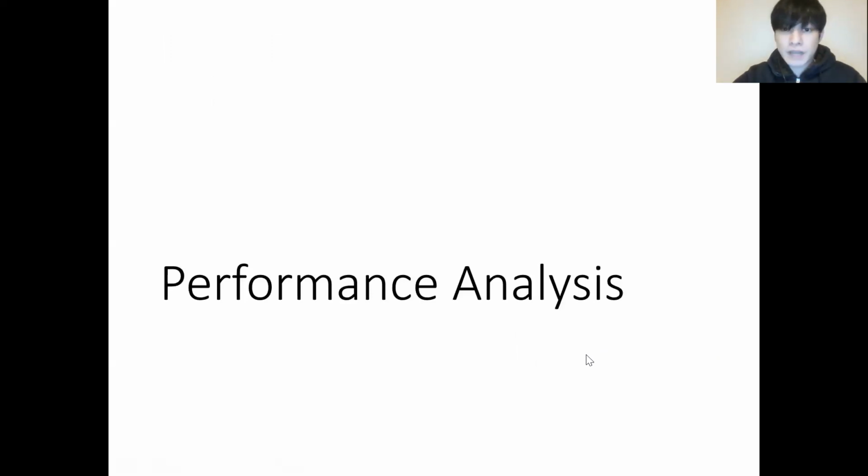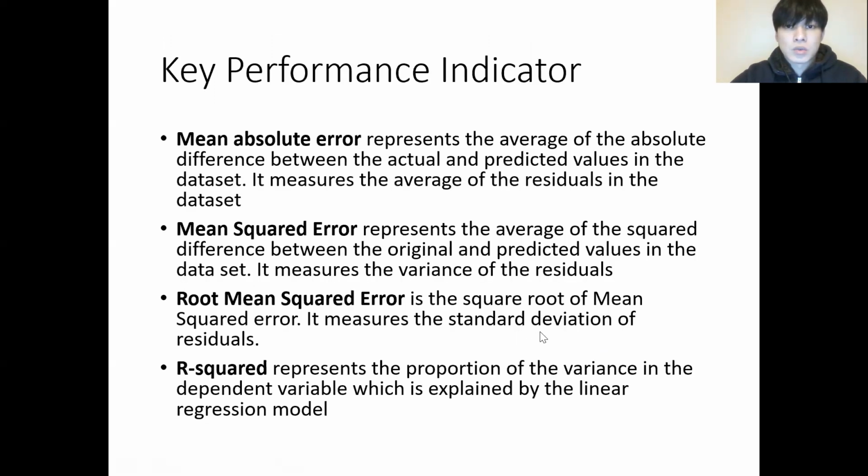After you already have your machine learning model, then we have to evaluate its performance. These are 4 commonly used key performance indicators: the mean absolute error, the mean square error, the root mean square error, and the R square.